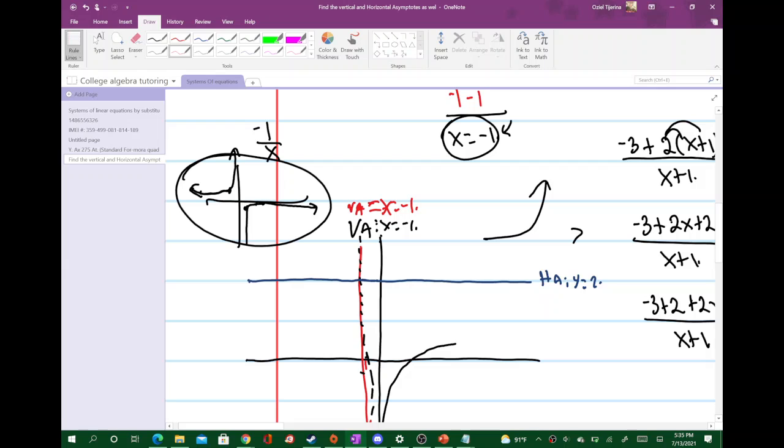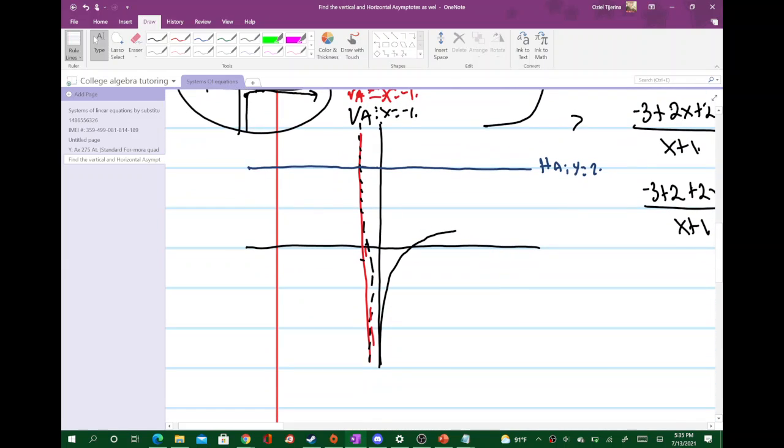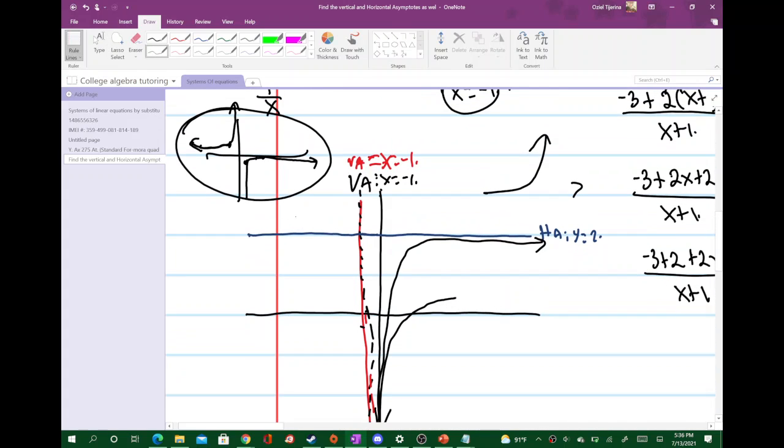Now we're making a little rough sketch of how this looks. Again, we're not graphing it, we're just sketching it so that we can know how the end behavior is looking, right?